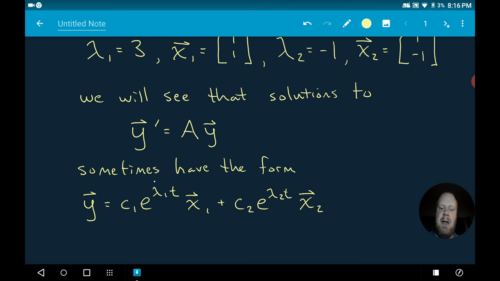And the form that they're going to take, sometimes, again, if we have repeated eigenvalues or complex eigenvalues, we'll look at different variations on this theme. But y, the solution vector, is going to be c1 e to the lambda 1 t times the first eigenvector plus c2 e to the second eigenvalue t times the second eigenvector. So it looks really similar to chapter 2, e to the lambda t. Only thing we're adding here is this extra eigenvector.